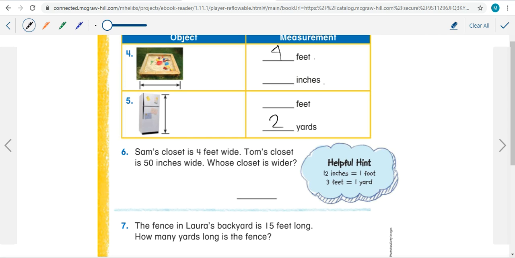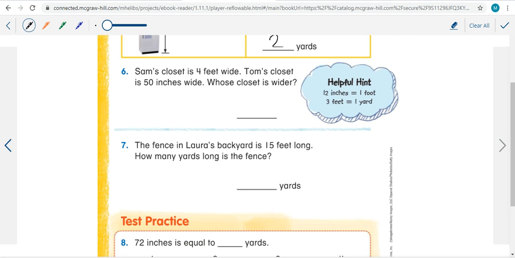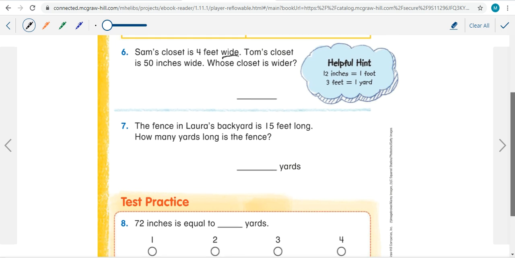How many feet is that? You're going to find it. Remember that 1 yard has 3 feet. Sam's closet is 4 feet wide. Remember, wide means ancho. Tom's closet is 50 inches wide. Whose closet is wider? You need to find the answer.